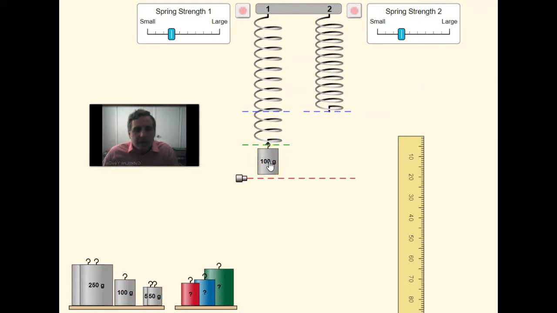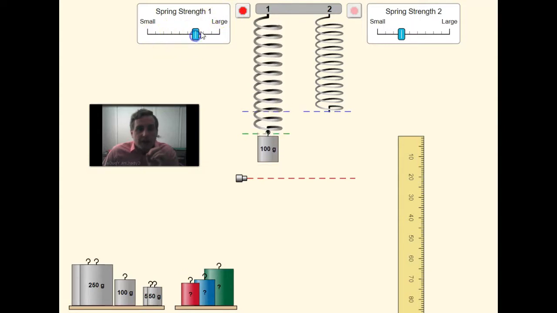And let's go ahead and set it up so that we have a tighter spring. So let's do that at first. So instead of 1, 2, 3 notches here, let's go 4, 5, 6, okay, and stop this.